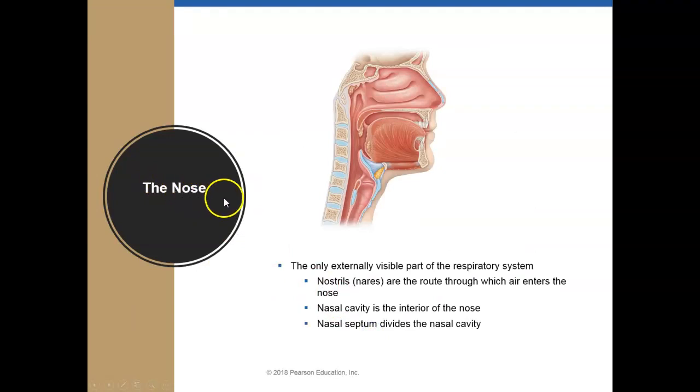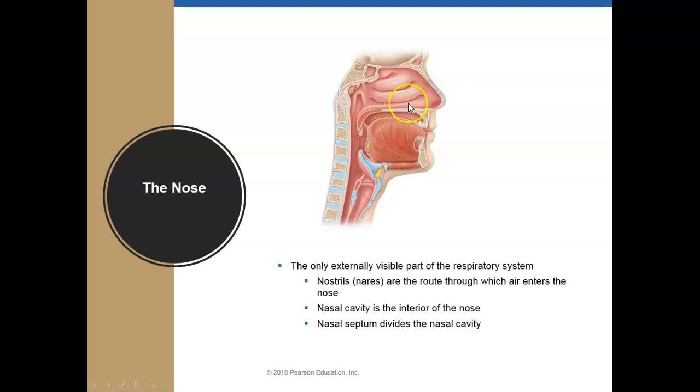So let's look at each structure individually and learn about their functions. I put this picture here. I know it has no words on it, but you can all see that this is the nasal region. There's the nose, nasal, or nostril, I should say. And this structure here is the nasal cavity. The nostrils are the route for air to move into the nasal cavity.